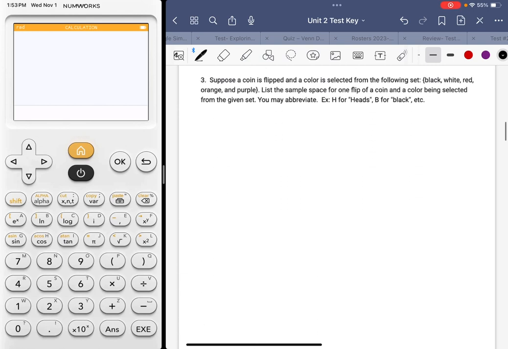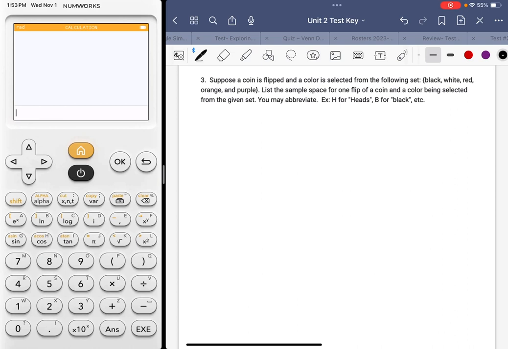All right, number 3. Suppose a coin is flipped and a color is selected from the following set: black, white, red, orange, and purple. We can use abbreviations, but it's a list of the sample space. I would also allow for a tree diagram, because that's the same as creating a list of all possible outcomes, which is what a sample space is. So you can go either way with it.